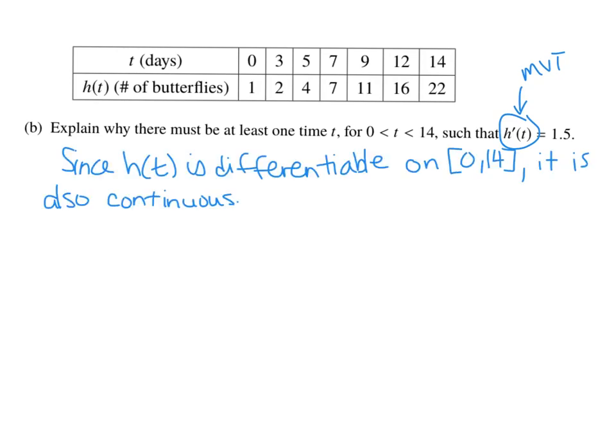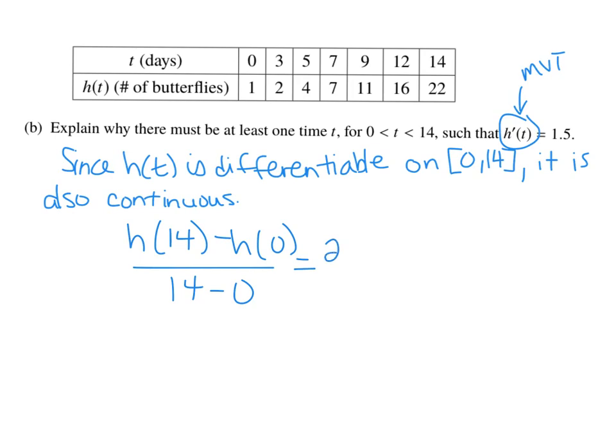The next thing that you're going to do is you are going to make sure that the average rate of change does actually give you 1.5. If it doesn't, then you're not going to be able to do this problem. So usually it will have something like that. You end up getting 21 over 14.